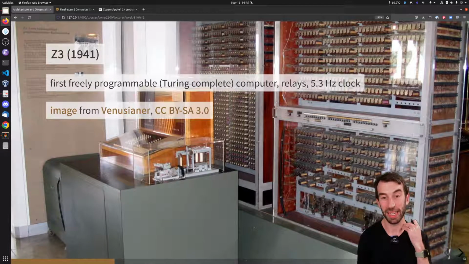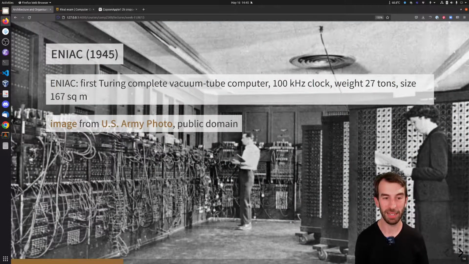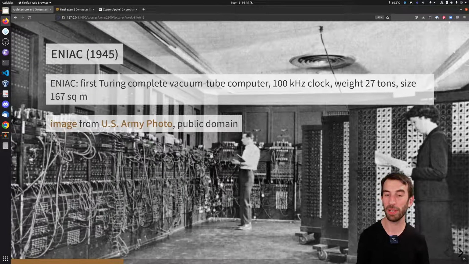Then these things became more electronic with a freely programmable computer with relays, 5.3 Hertz. Then we had this type of system, ENIAC, in the 40s after World War II, a first vacuum tube computer, not with electronic relays, which would have to click a physical mechanical switch electronically with a magnet.